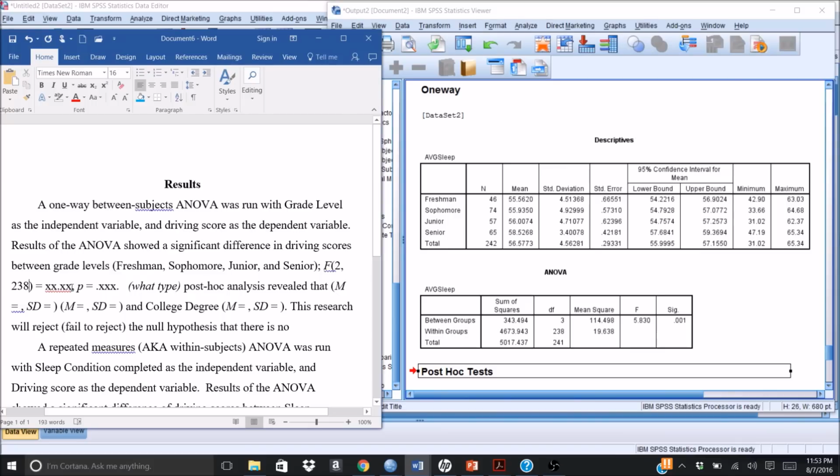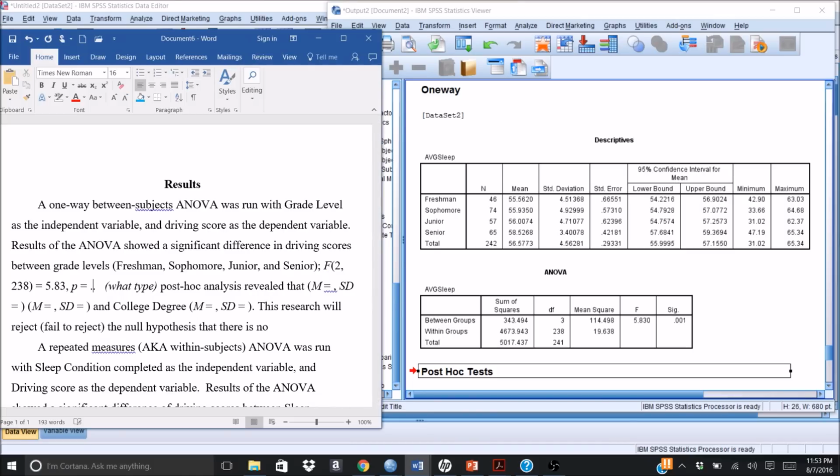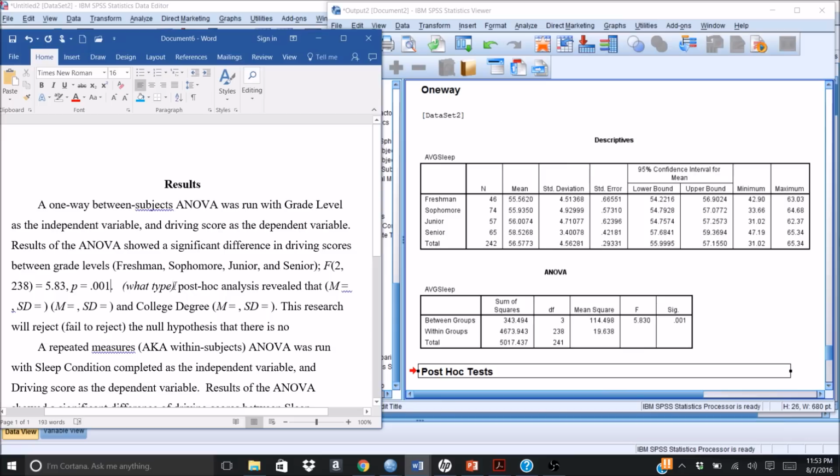But my actual F score is 5.83. And my p-value, like I said, it's 0.001, but this time we're not going to put less than. It actually equals 0.001.